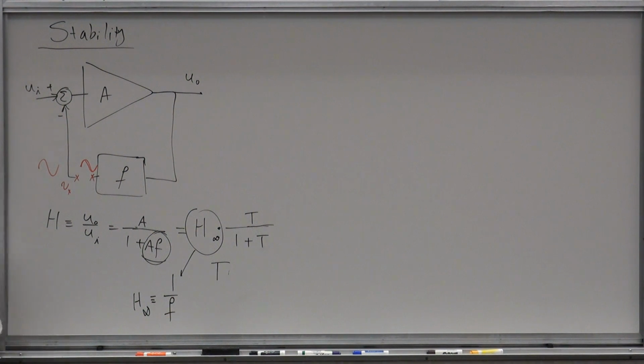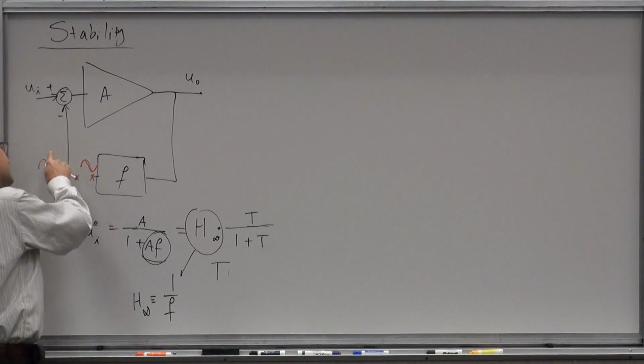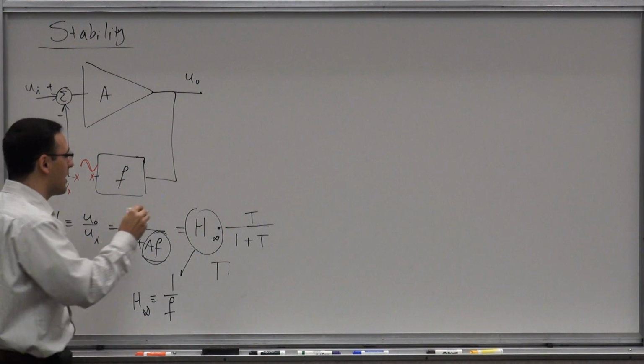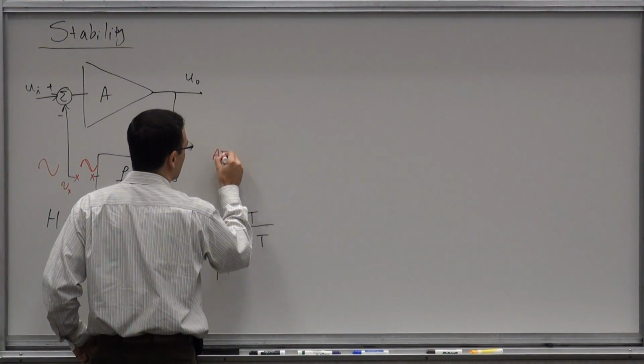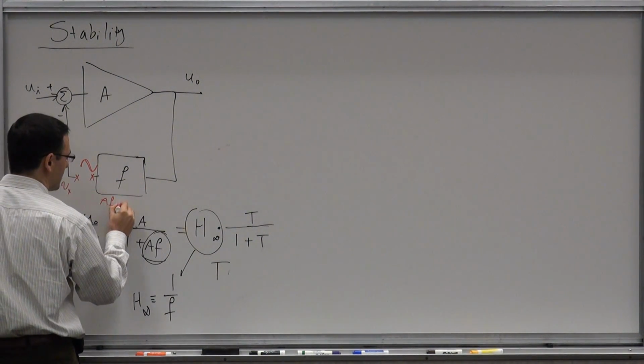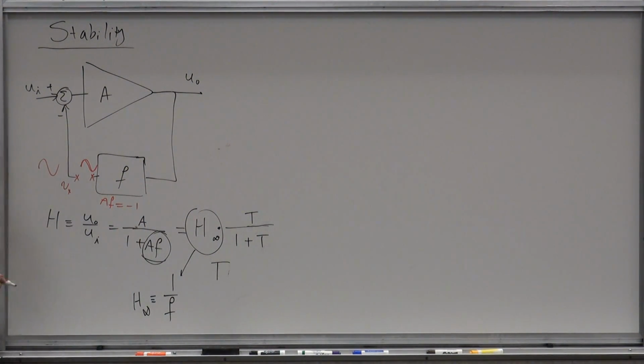The second part is important too, same amplitude. Now, in that case, what would you say AF, or T, is? Minus 1, right? Because of this minus 1 in the definition. Somebody put it in there, but you have to deal with it. So when things come back exactly in phase, and exactly the same amplitude, by the definition, because of the minus sign, it's going to be minus 1.